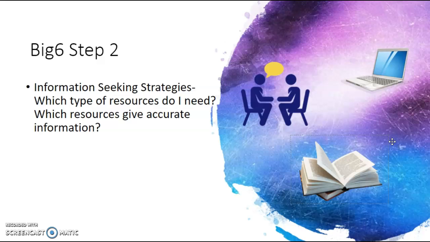So we need to make sure that when we use our resources, that they're accurate. So we want to make sure that when we do our research, we are using an educational way of searching, that we're not just searching on Yahoo or a website as such to find our information. We need to make sure that our information is credible. That means that it is true, it is accurate.